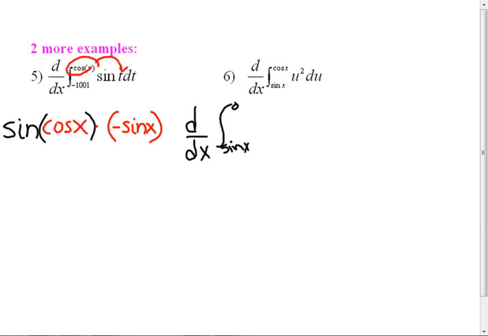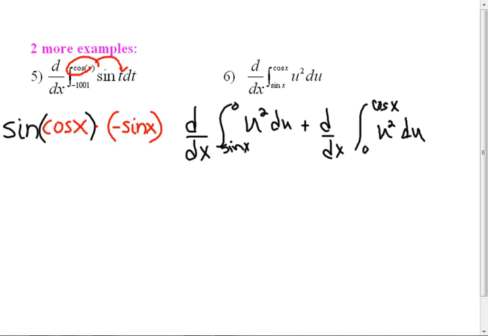It makes no difference. Of u squared du plus, and then it's the derivative with respect to x of the integral from 0 to cosine of u squared du.